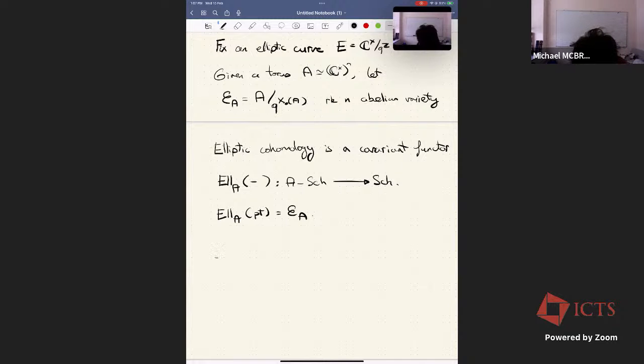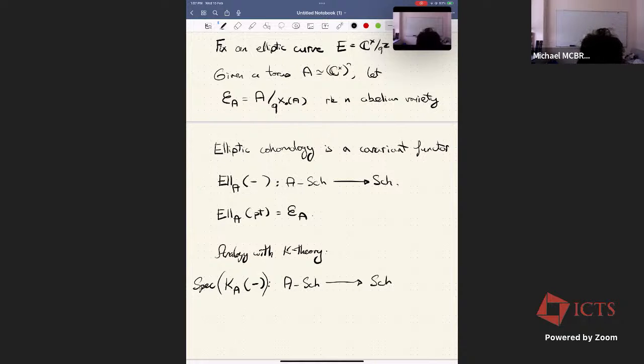But just by analogy with K-theory: K-theory takes an A scheme and returns a ring. Of course, I could take the spectrum of this ring and I'd get a covariant functor into schemes.